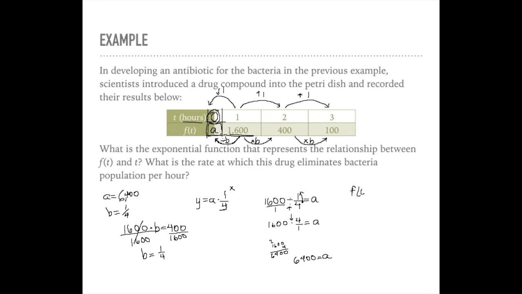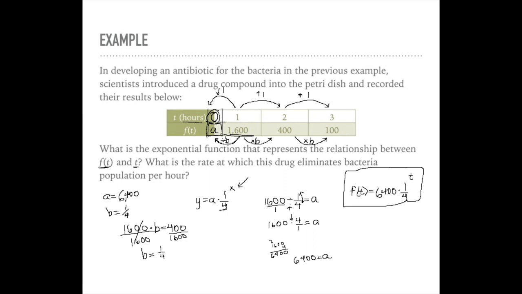Well, f of t equals 6,400 times 1/4 raised to the t. Notice that I'm using t values for my exponent instead of x. I used x to solve it because that was our definition, but in this example, t value is my input, which is hours, and f of t is my output. So I make that correction here on my actual answer.